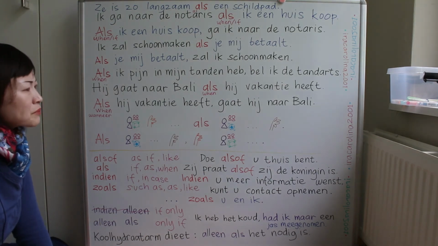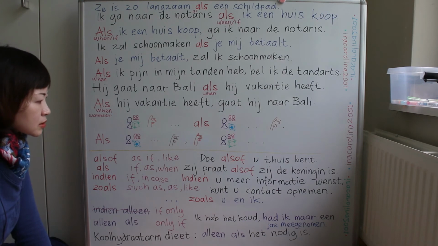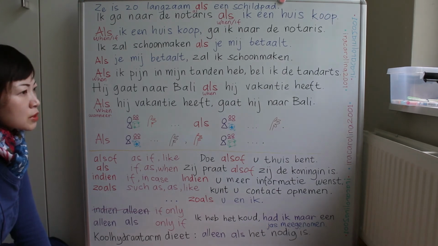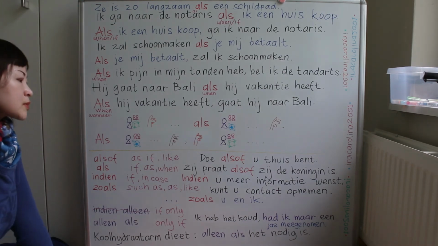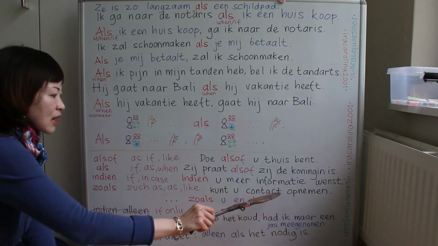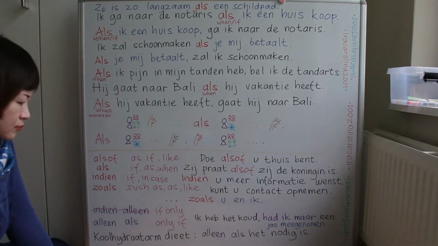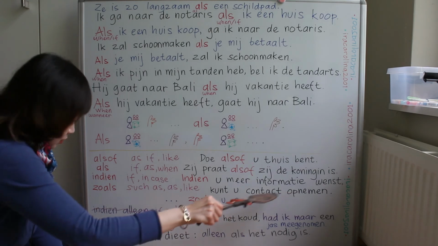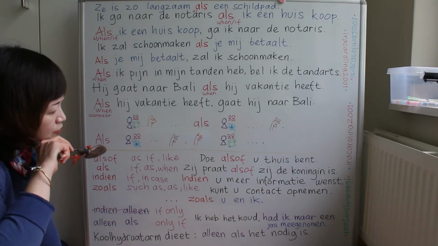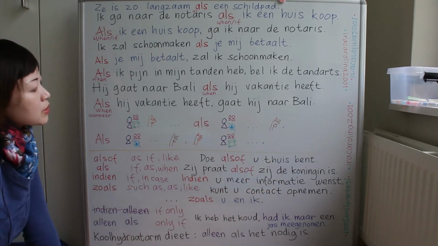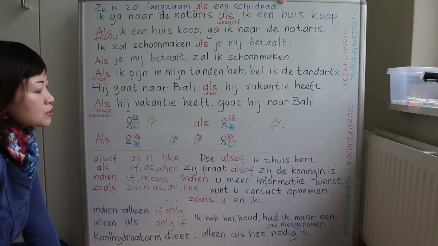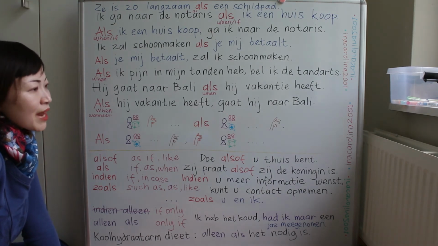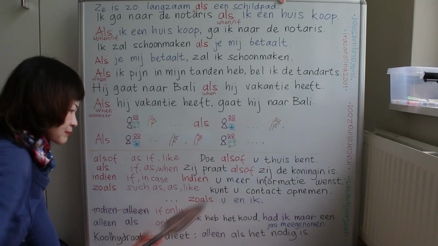I don't know why, but you have to say contact us. So you cannot just say contact, even though these are two words. We have space here, but we cannot say just kunt u contact, but we have to use the opnemen.